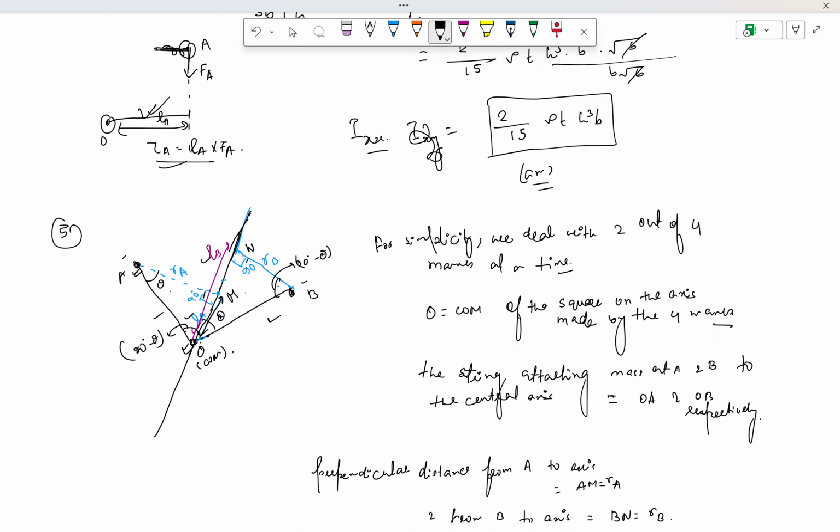Like in this case, this is the perpendicular and this is the perpendicular.